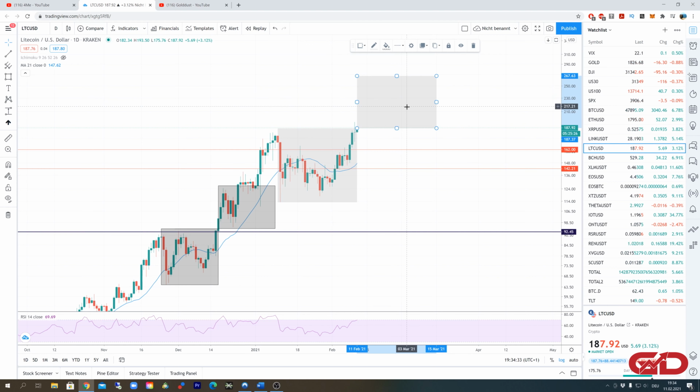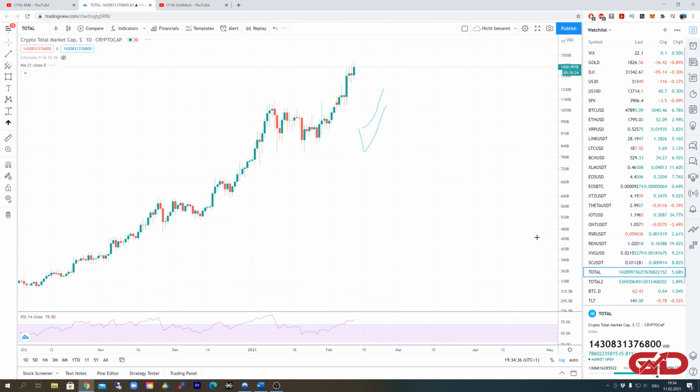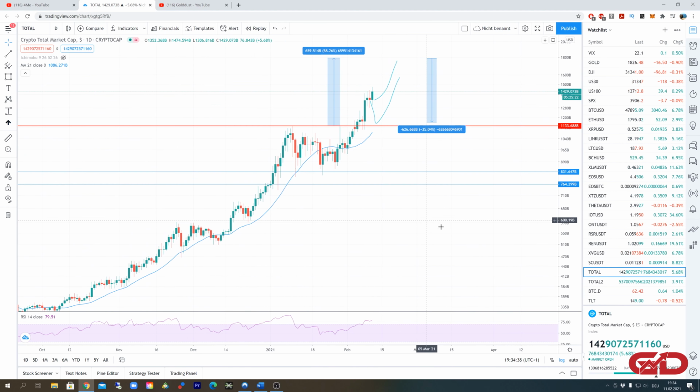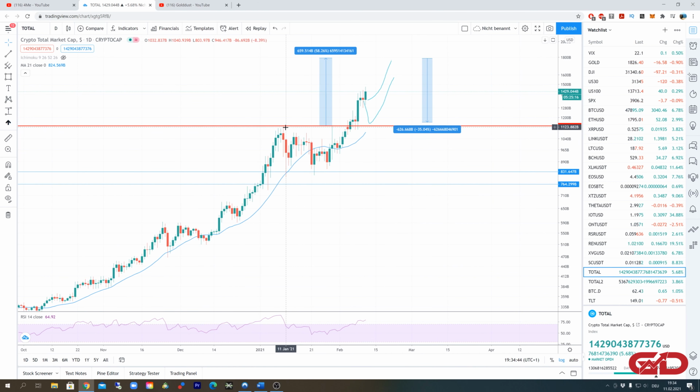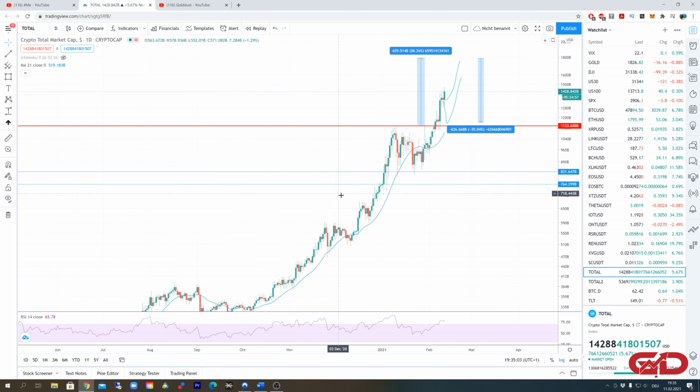And as I showed you in yesterday's video, let us quickly go back to the total market cap. As I showed you from the previous cycle, you see right here we had the first outbreak of the last all-time high in the total market cap back in 2018. Then we went through it dynamically, retested the old high, got this consolidation stage right here, and now we are breaking out of this.